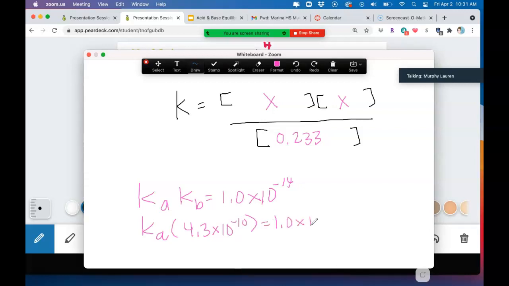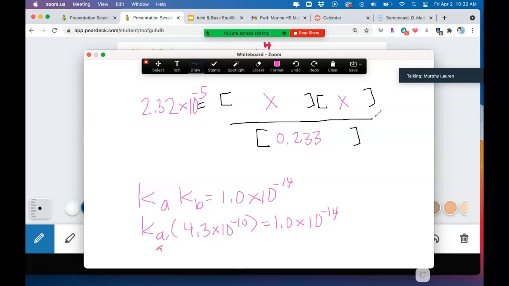So you just divide, right? I'm going to keep the whole number in my calculator. So this is what the Ka is because this is a conjugate acid. It's the acidic part of the salt.